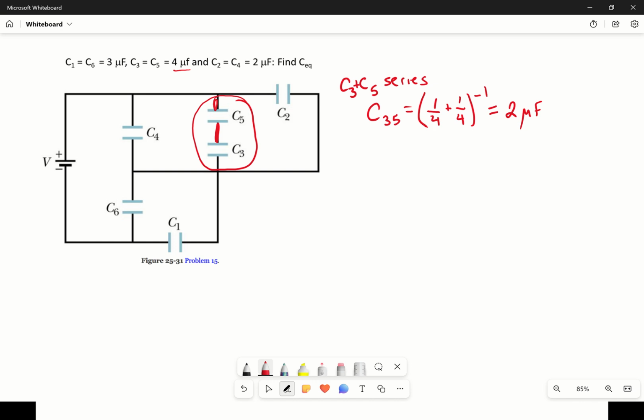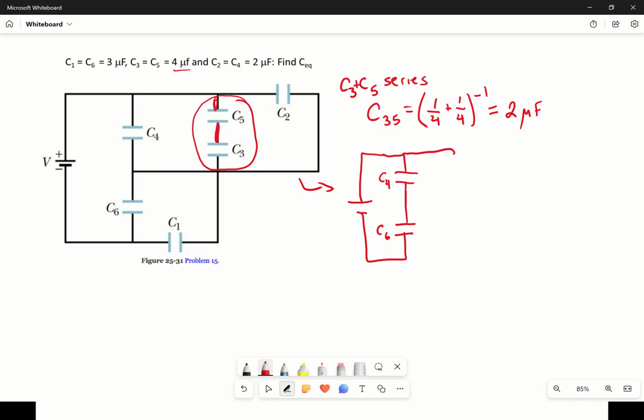So I can redraw that circuit. I'm going to replace that C3 and C5 with a single C3,5. So let me redraw it. Let me see what I got. So I got a battery. I got C6. I go up. I got C4. Okay.